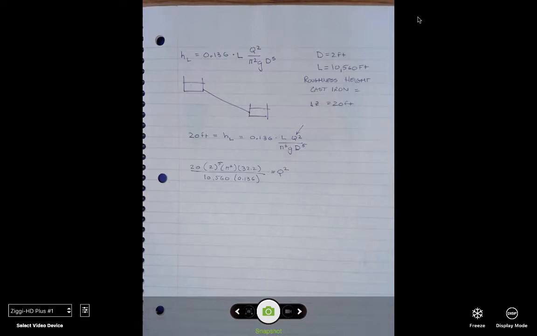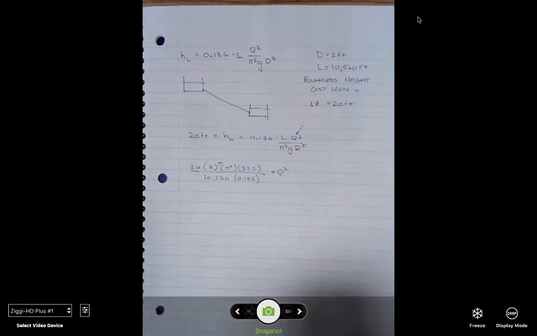2 to the 5th should be 32 times 32.2 times pi times pi times 20 divided by 10,560, divided by 0.136.